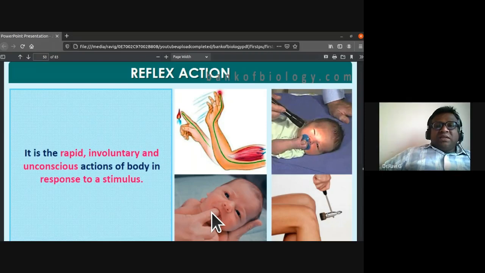Just visualize if we did not have reflex action. One more example, since the IPL is going on: the fielders all respond by reflex action. A slip is there, the batsman has nicked it, and it goes to the slip who immediately catches the ball.